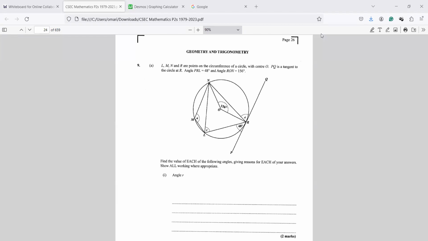So if you look at your diagram and you follow P, R, L, you're saying that the angle 48 degrees is right here. R, O, N, 156 degrees is right here. And that's just some of the thoughts that should be going through your mind as you read the question, right?